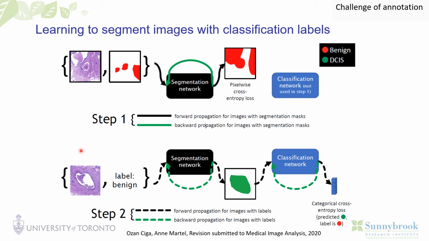So he found that by using both segmentation patches and classification patches mixed up in the batches, he was able to obtain much more accurate segmentation results using a smaller number of segmentation patches if he had a large number of classification patches available. He's actually submitted this to Medical Image Analysis, so hopefully that will be coming out soon.